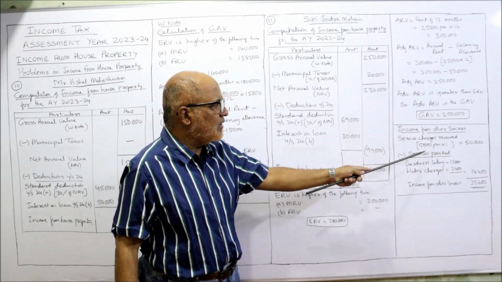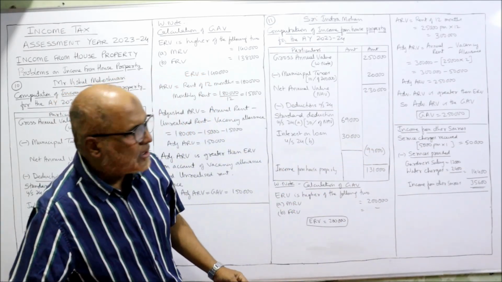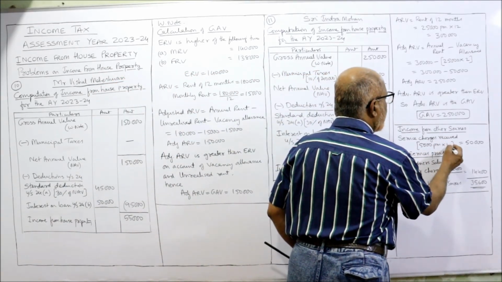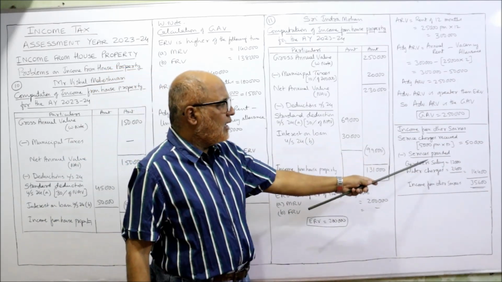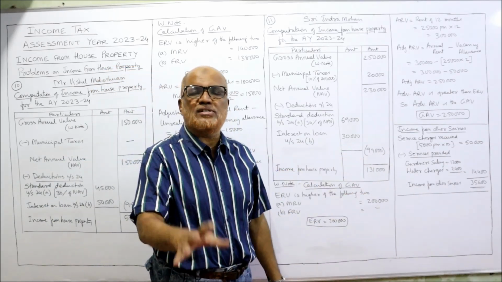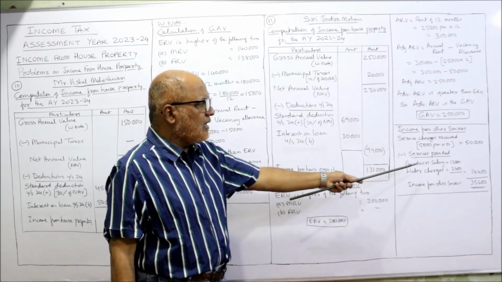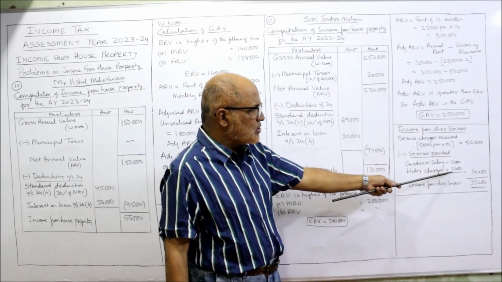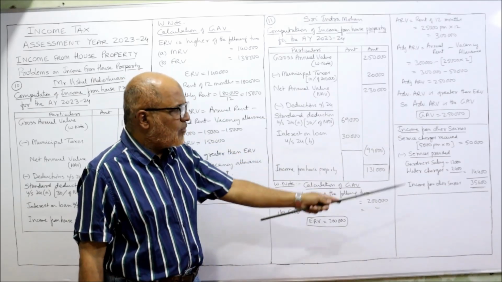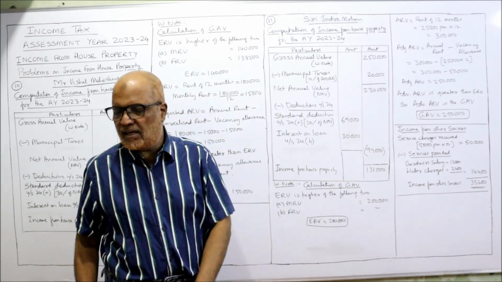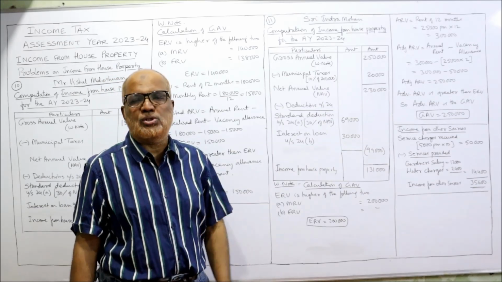Service charges received, 5,000 into 10 months, comes to 50,000. Less cost of services provided, that is gardener's salary 12,000 and water charges 2,400, total 14,400. So 50,000 minus 14,400, 35,600 is the income from other sources.